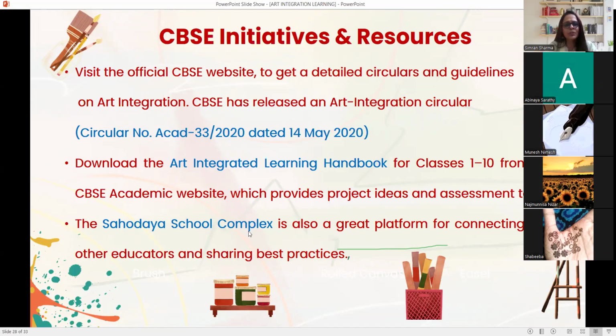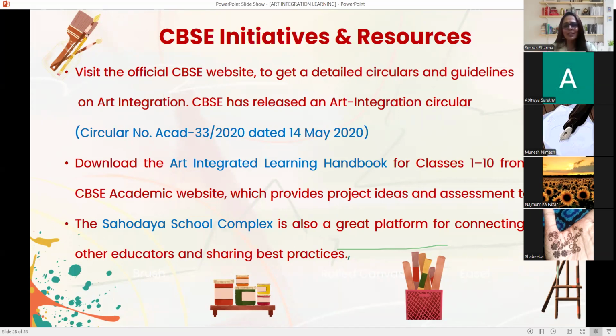If you don't know what Sahodaya school complexes are, basically it is a group of neighboring schools, and it's a great platform for connecting with other educators and learning from them by sharing your best practices and their best practices.